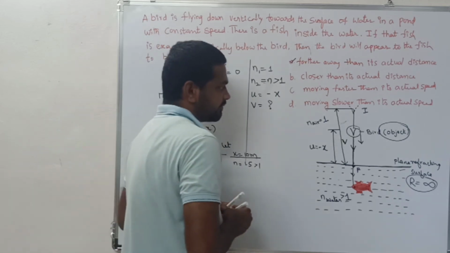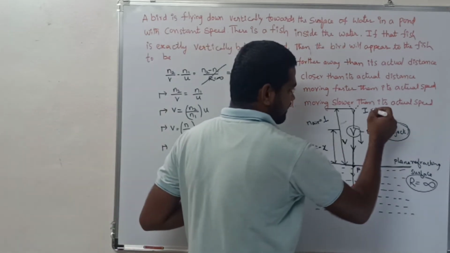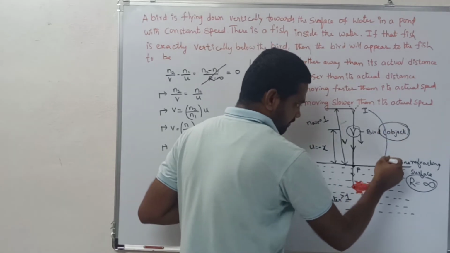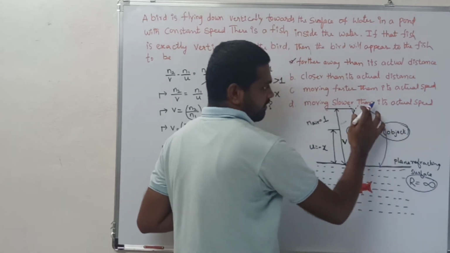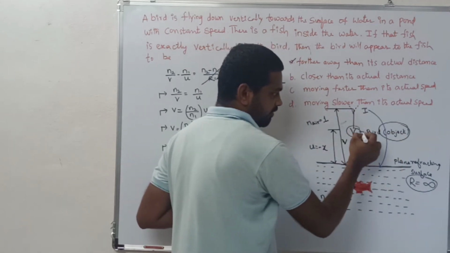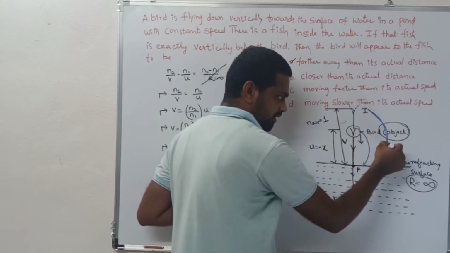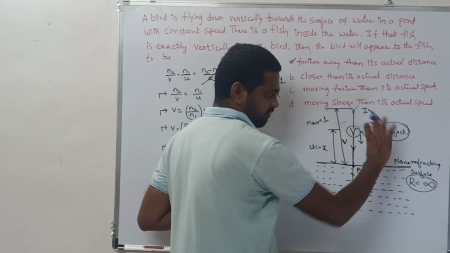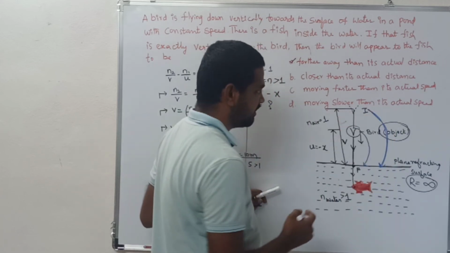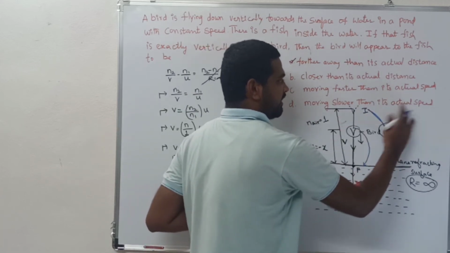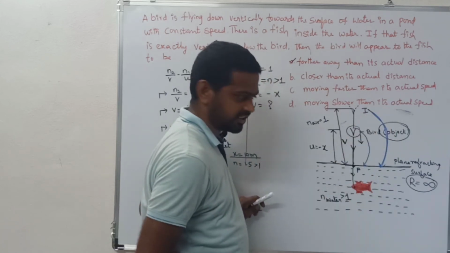Coming to the speed of the bird. Whenever the object is moved from this position to this position, the image also moves, by more than the distance that the object moves. So the image speed is more than the object speed. Is it clear?